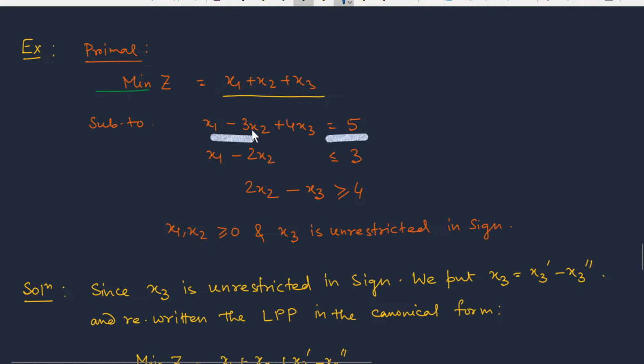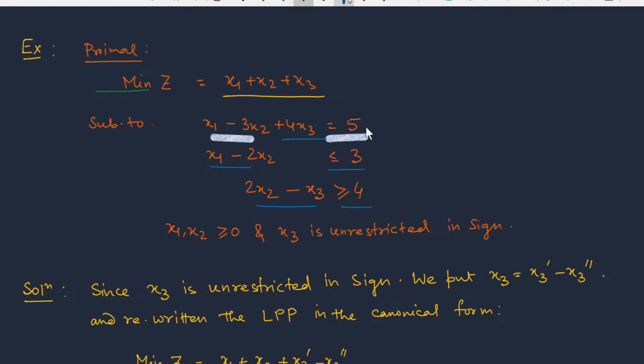So this is the primal problem, and this constraint is an equation. Then the second constraint is a less than or equal to type inequality, and this is a greater than or equal to type inequality. So this is the best example to understand the above two theorems properly.